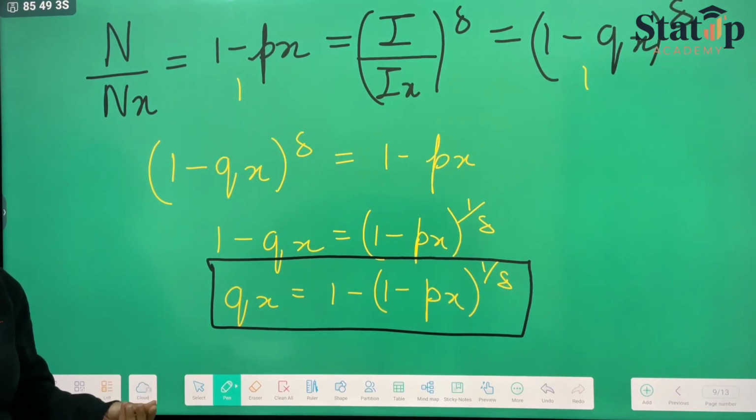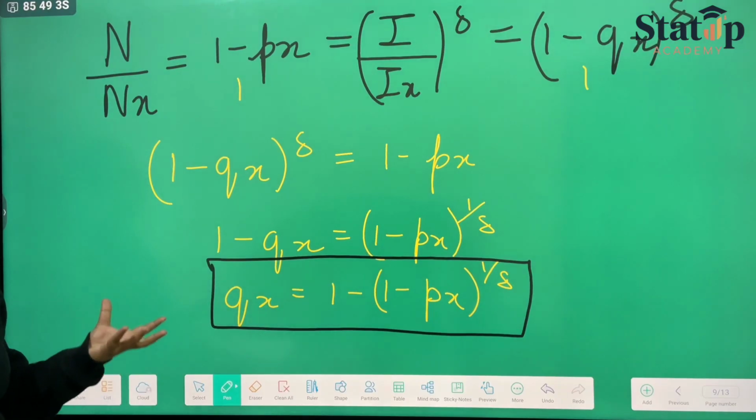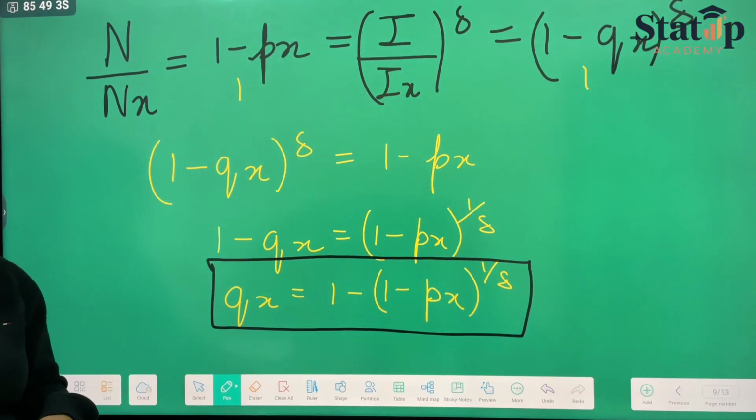Qx is the total income of the number of people having income less than or equal to x, and delta is v upon v plus 1.